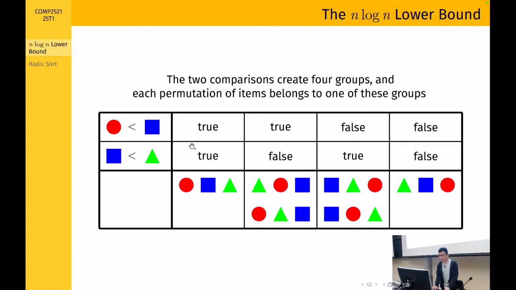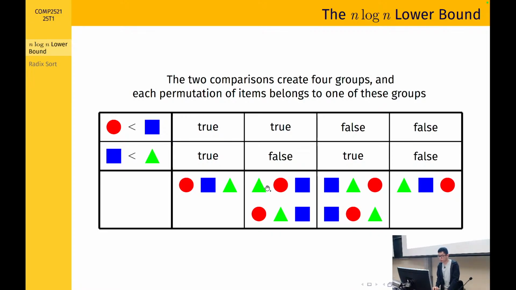So for example, if we found out that circle was less than square, but the second comparison is false, which means that triangle is less than square, then we know that square is the largest element, but we don't know how large the circle and triangle are relative to each other.